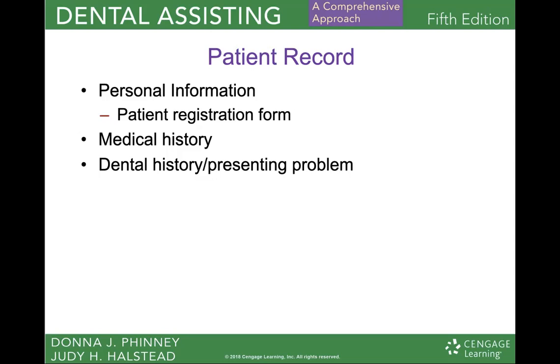Dental information is also obtained, such as any patient concerns and the date of the last exam. Clinical observation is then done to determine deviations from normal, such as a patient's gait, which is the way they walk, facial symmetry, whether the face is symmetrical on both sides, and the condition of the patient's skin and eyes.